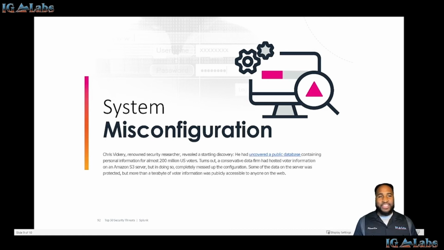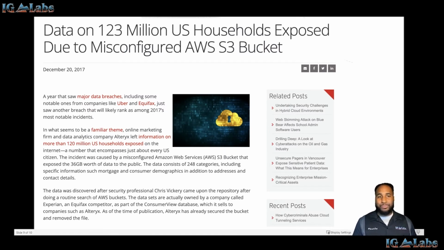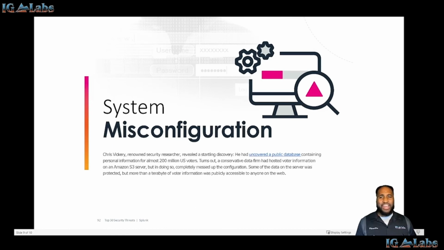An example: security researcher Chris Vickery uncovered a public database containing personal information for approximately 200 million US voters. This was because voter information was hosted on an Amazon S3 server and the configurations weren't correct. Some of the data was protected, but still a terabyte of voter information was publicly available to anyone on the internet. So we have to be really mindful to make sure our systems are up to date.